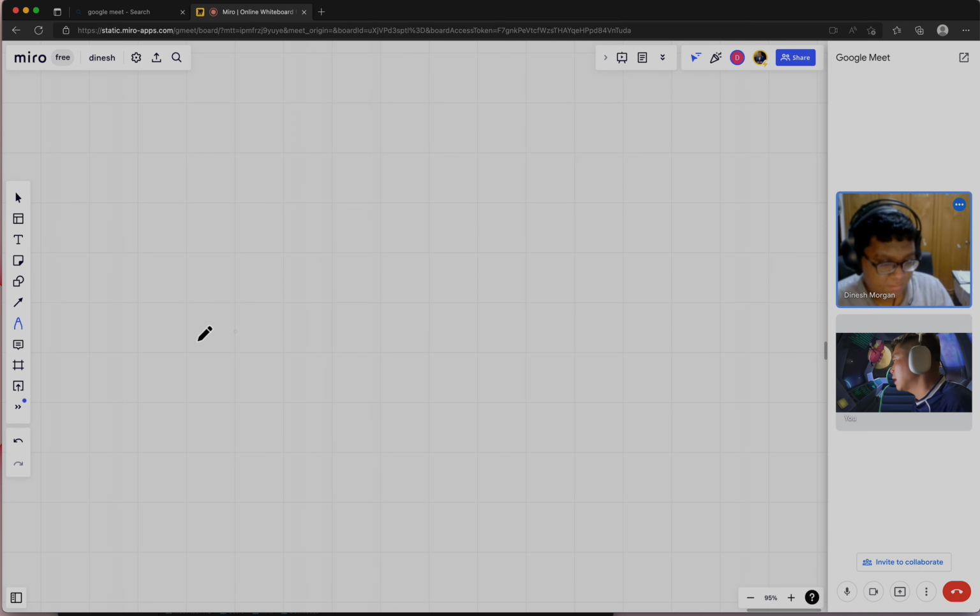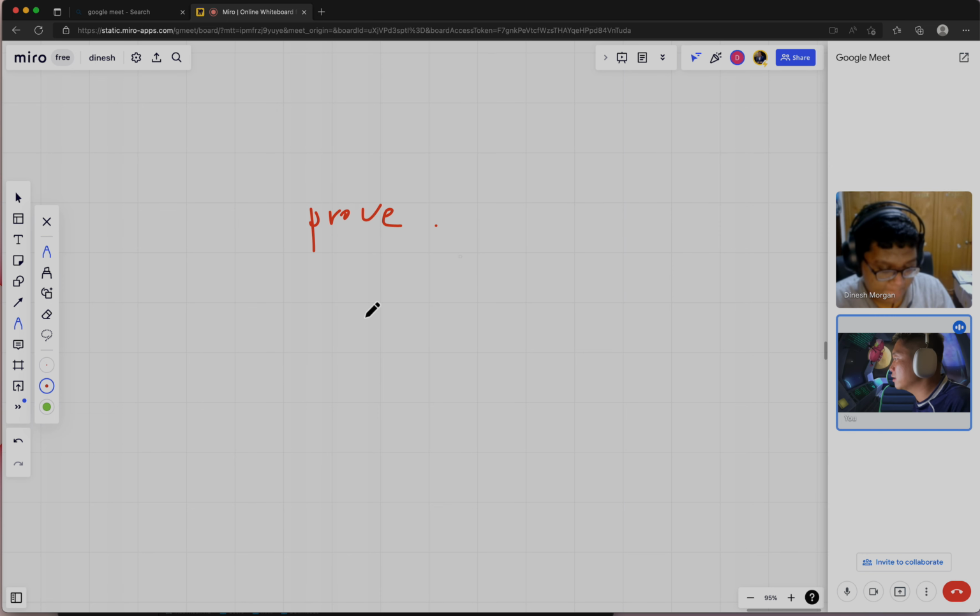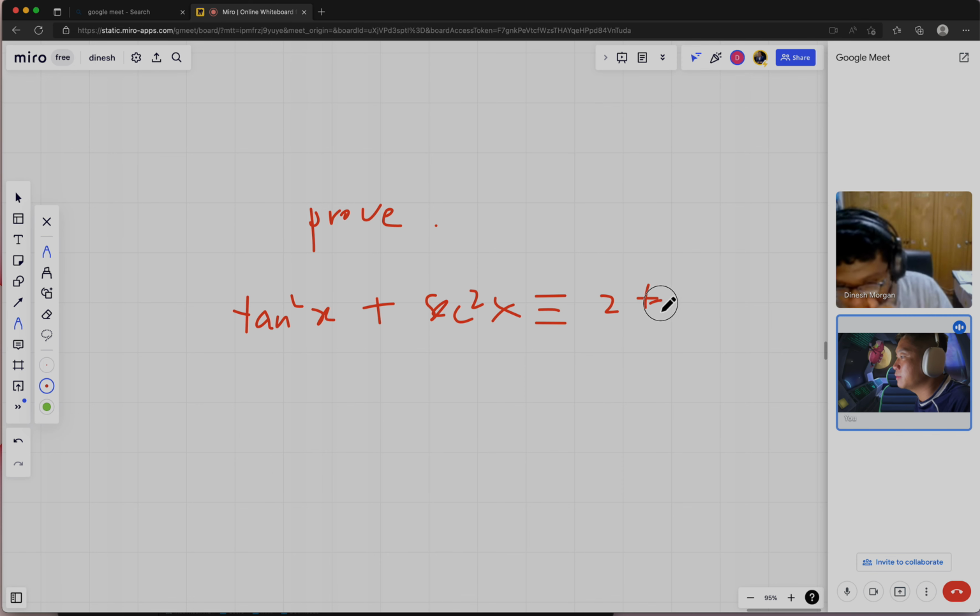Okay, I think for trigo, what they like to ask is they like to give you a very complicated trigo function. Then after that, they will ask you to prove. Maybe they will give you something like tangent square x plus secant square x, and then ask you to prove it is equal to a very simple one, maybe tangent 2x.